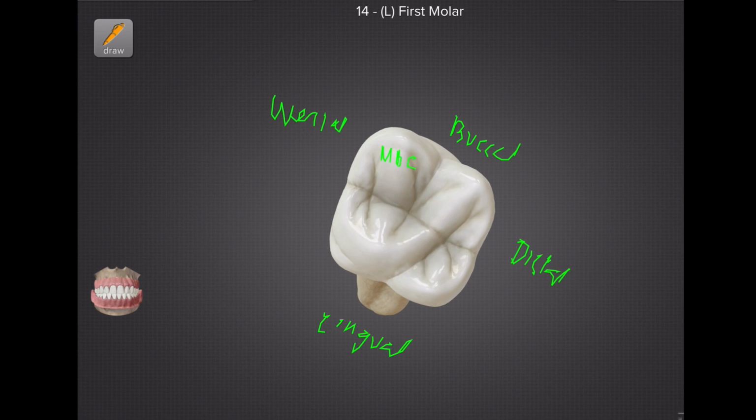So mesiobuccal, distobuccal, distolingual cusp, and you have your mesiolingual cusp. From your distobuccal cusp, there is this ridge running to your mesiolingual cusp, making a transversing ridge. So we call it an oblique ridge.